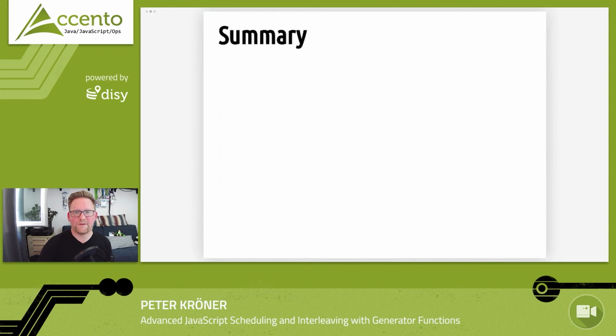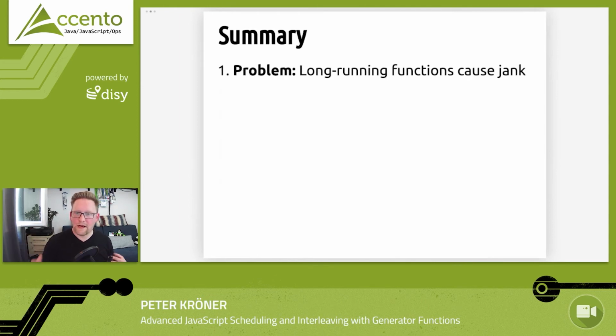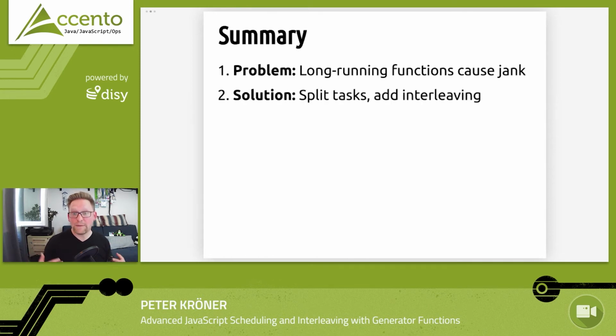So, to summarize, our original problem was that we had long-running JavaScript functions that caused frames to be dropped because they ran on the main thread and blocked the entire browser. The solution seemed to be quite obvious. We just add interleaving, add breaks for the browser to render frames, and split up the tasks.